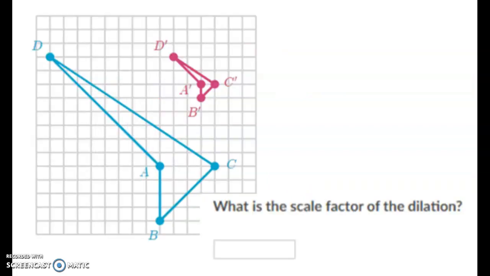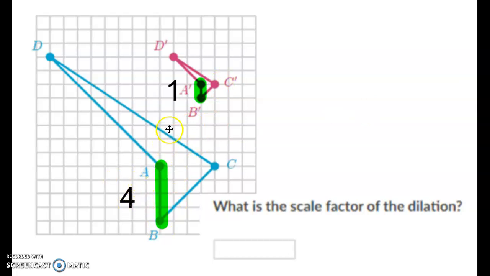And I'm going to zoom in on this a little bit, and we're going to know that every segment in here will get smaller by the same amount. And if I look at this straight up and down piece, it's easier to look at. I'll notice that from A prime to B prime is 1 unit. And over here, A to B is 4 units. So what happened?